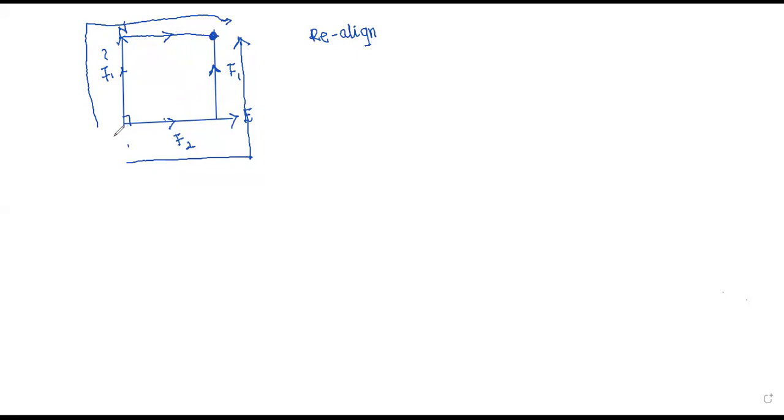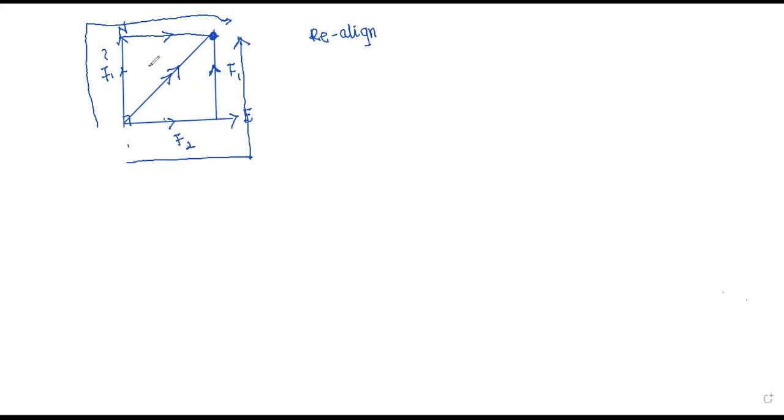So the resultant vector, which represents the effects of F2 and F1, will be drawn from the tail of F1 to the head of F2. So this becomes the resultant and obeys the triangular law of vector addition.